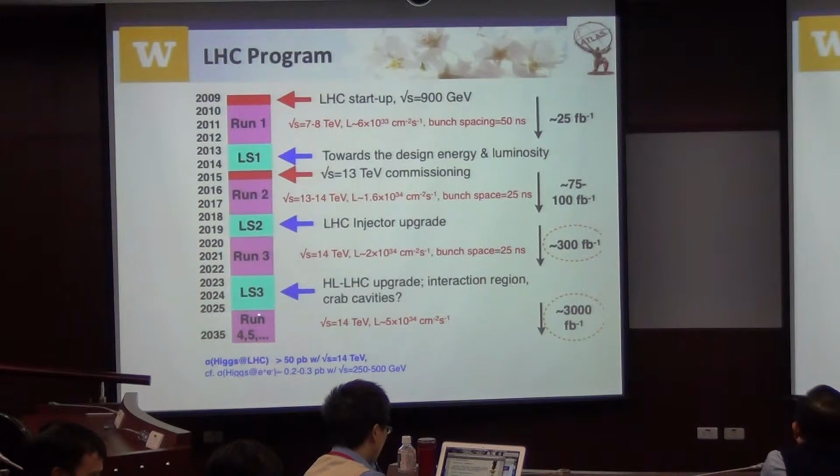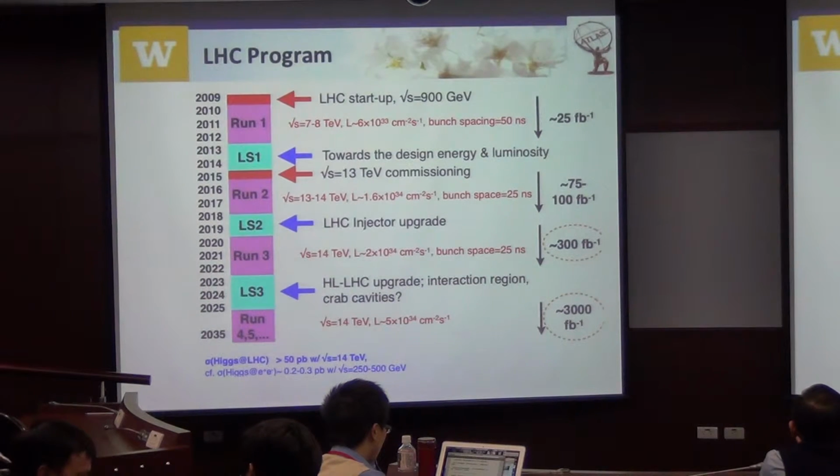By 2025, we will start the High-Luminosity LHC. We expect to just continue to run it, or maybe we have another collider at that time, or we discover some new physics and then decide to change our search strategy. But here we just put a number, so 3,000 fb^-1.